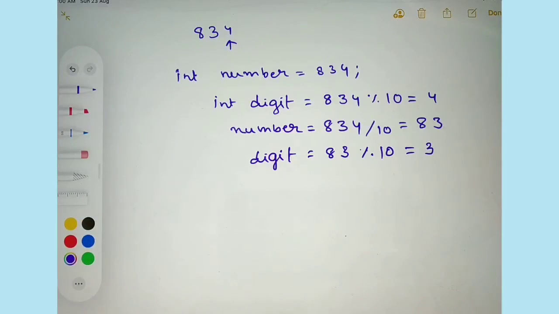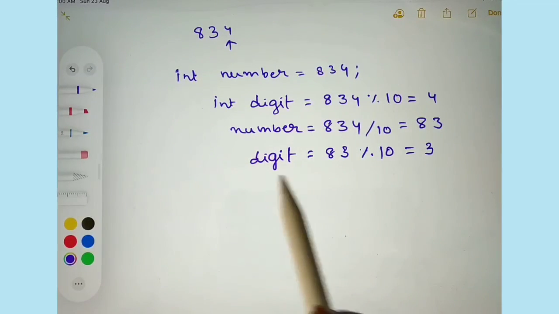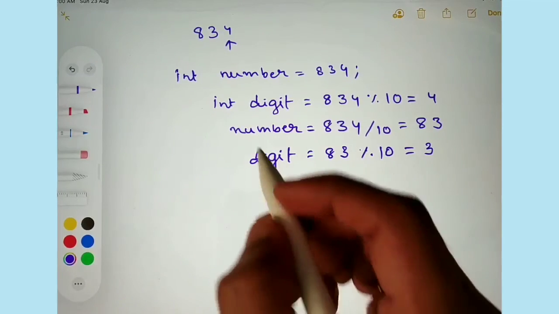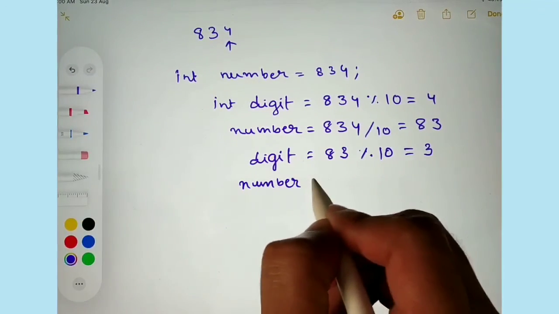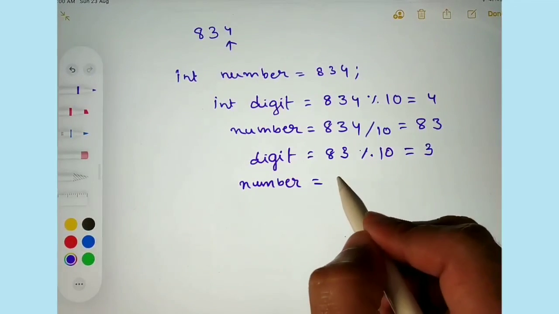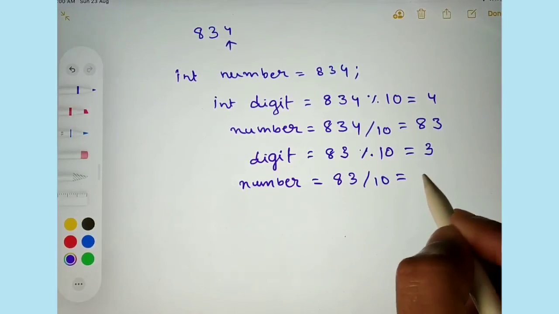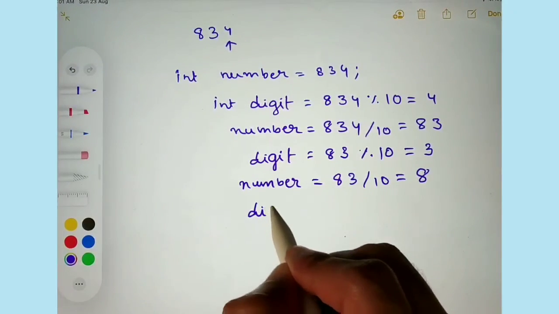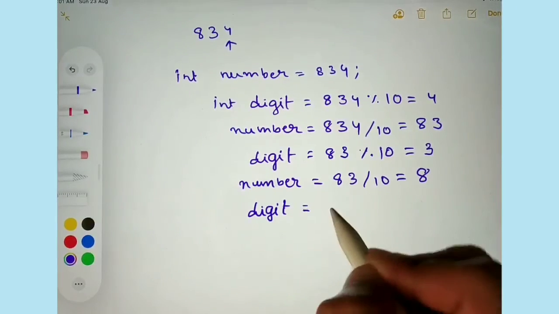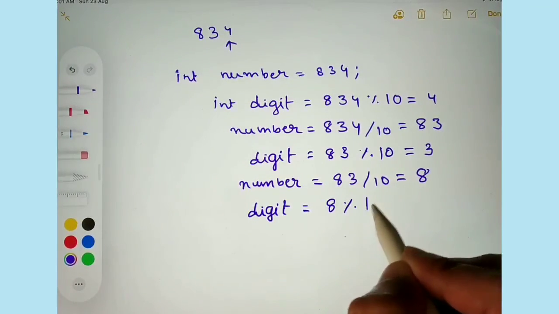And how do we get the third digit? We repeat the same process. Number is equal to 83 by 10. This gives us 8, and to get the digit we perform 8 mod 10.